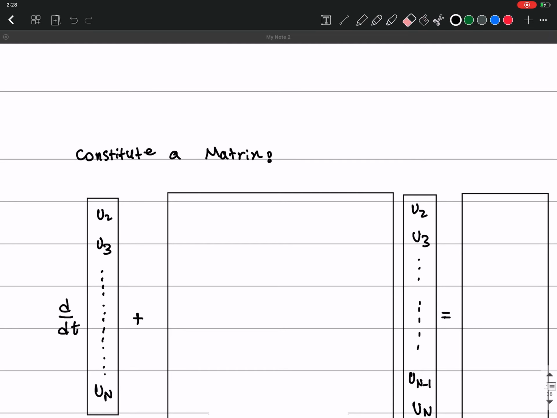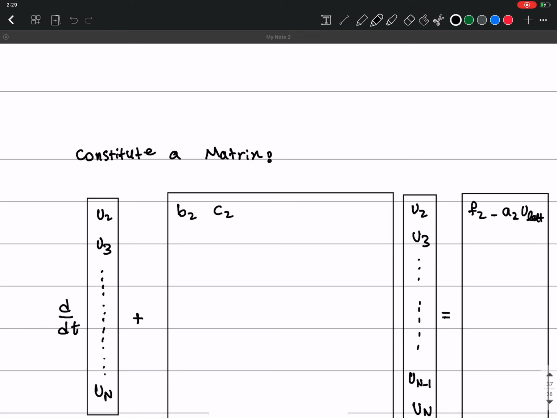So let me first write the right hand side, because this is the clearest one: f2 minus a2 u left. This is the left hand side of the first equation, and the terms are b2 u2, so I have b2 here, and then c2 u3, so I have c2 here, and the rest of the terms are just 0.